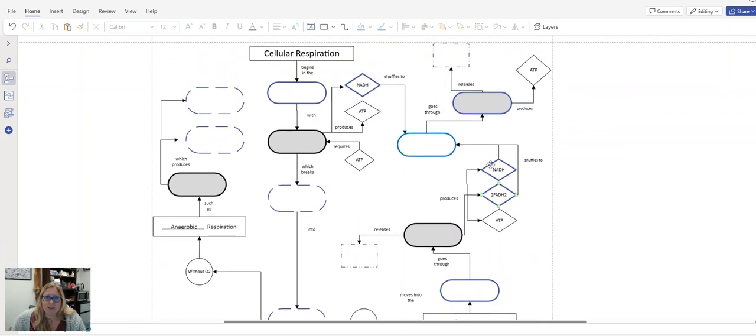Okay, so I filled in a little bit here. That's great. Let's go back to the beginning. Cellular respiration begins somewhere with something which breaks something. Okay, I know. You look at it and go, I don't know, this looks like a lot. It's not. Let's break it down by pieces. Well, I know that only one thing seems to get broken in this process.